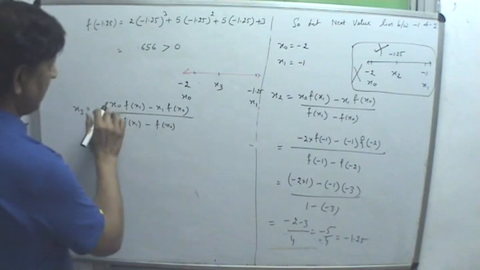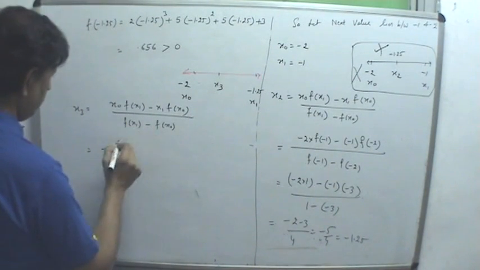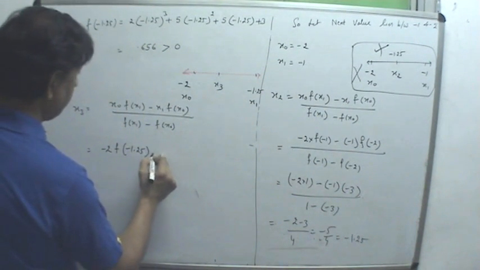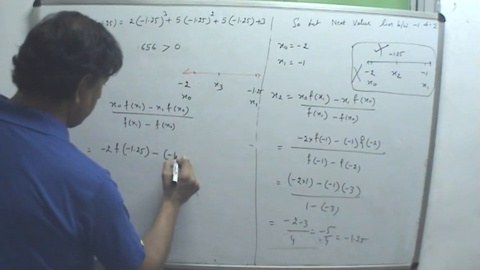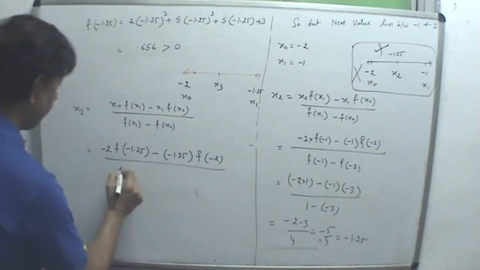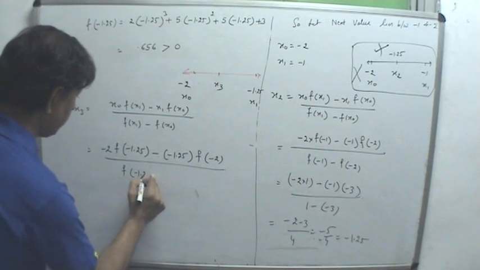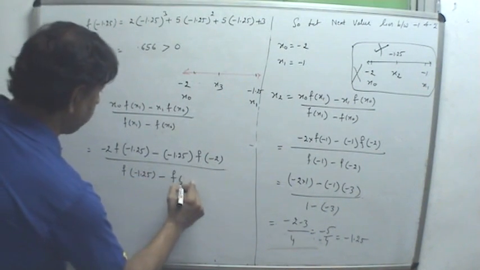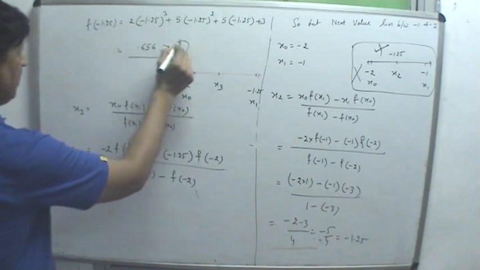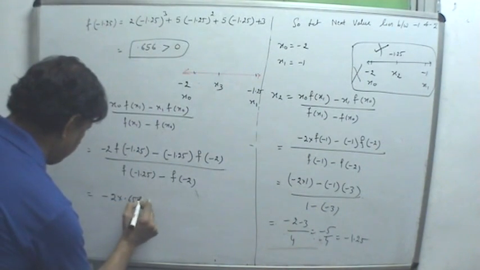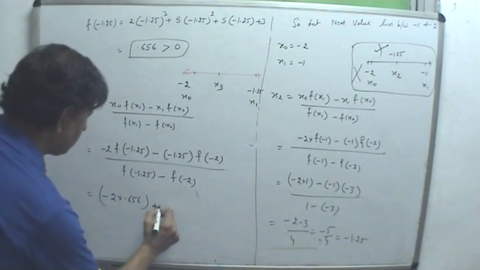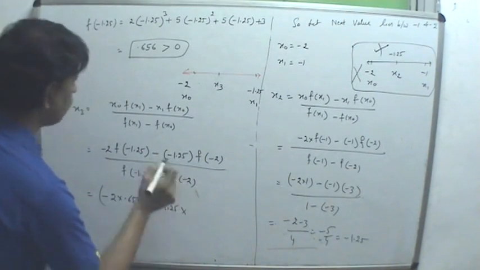We put these values. What is x0? Here now it is minus 2 into f of x1, means minus 1.25, minus x1, minus 1.25 into f of minus 2, divided by f of minus 1.25 minus f of minus 2, that is equal to minus 2 into 0.656 plus 1.25 into f of minus 2.